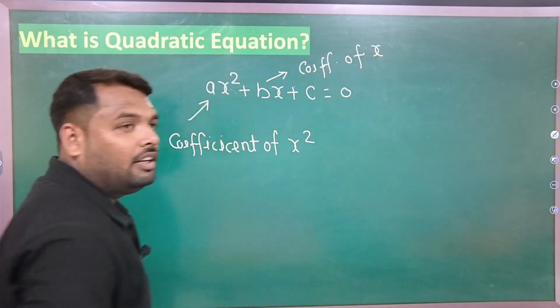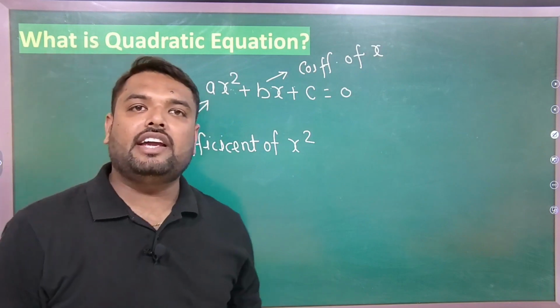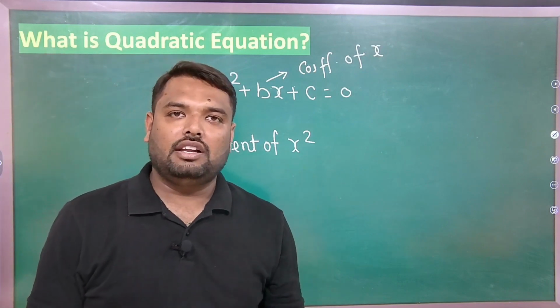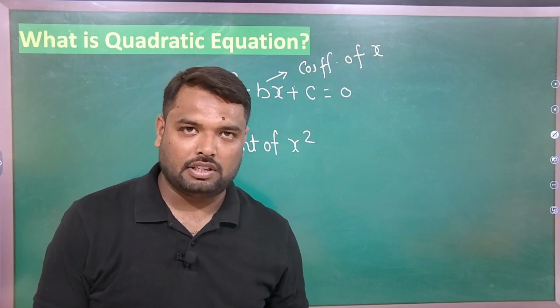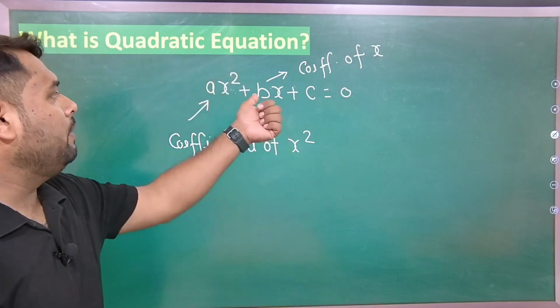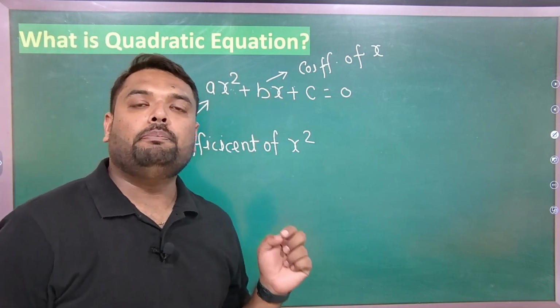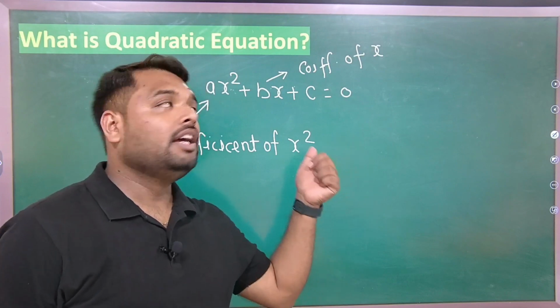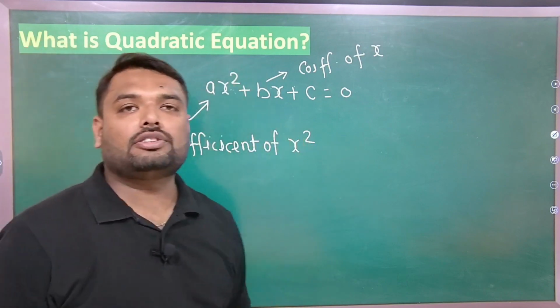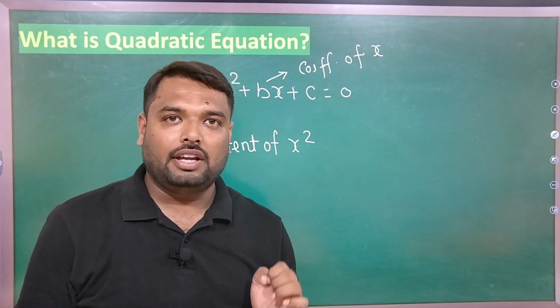What is a coefficient? Whatever is multiplied with the variable is called the coefficient of that variable. Here b is multiplied with x, so b is the coefficient of x, and a is multiplied with x square, hence a is the coefficient of x square.